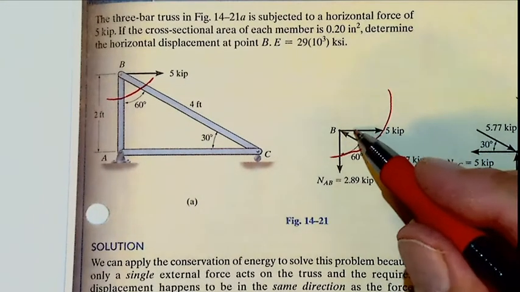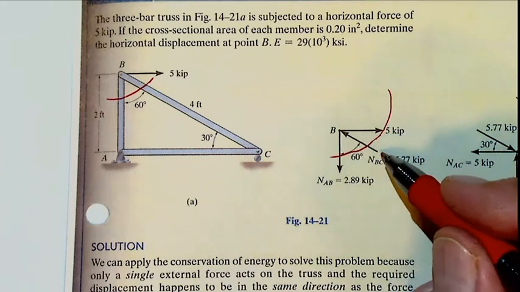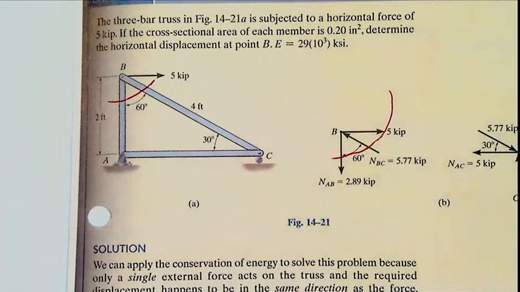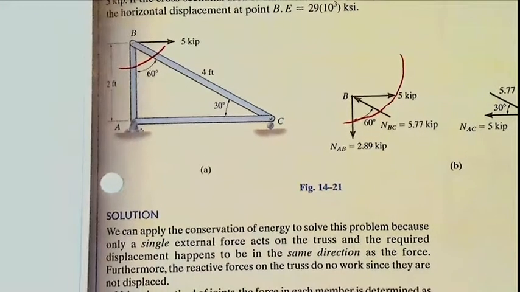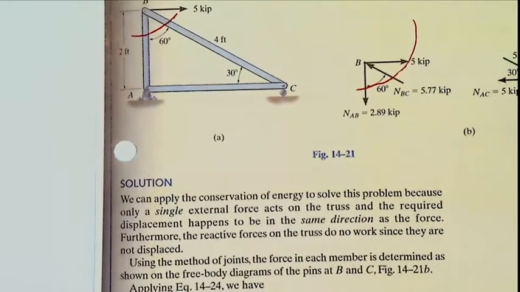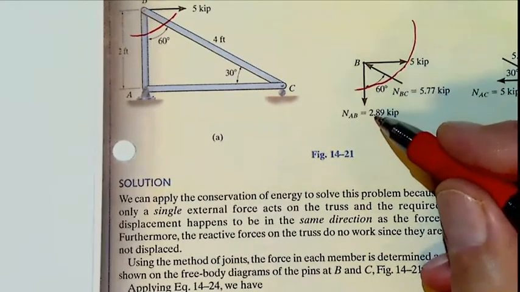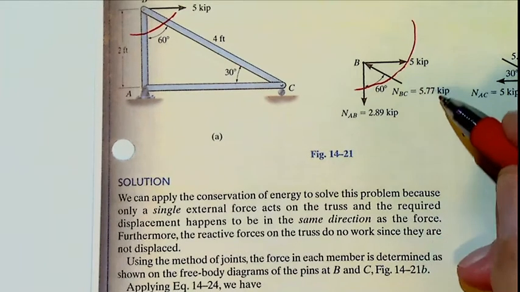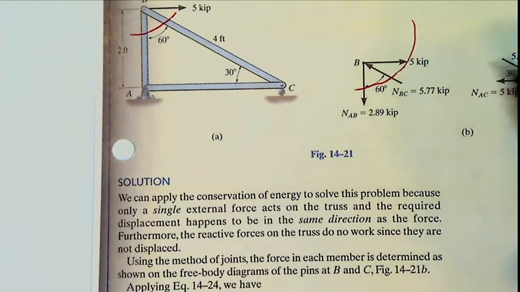Naturally, this works to the right, this works downwards, and it should be a compressive force. Okay, then we find these loads from equilibrium conditions, 2.89 kips, that is 5.77 kips, and 5 kip was given.